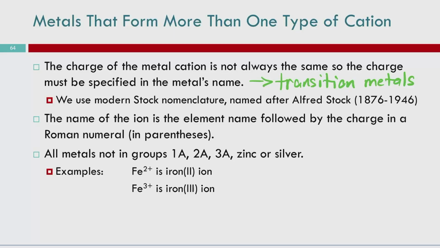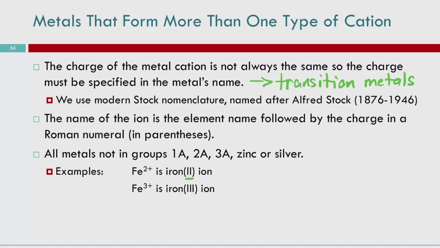So Fe2+, 2+ in Roman numerals is II, captain. And Fe3+ is a whole mess. Fe(III), right? Iron(III).